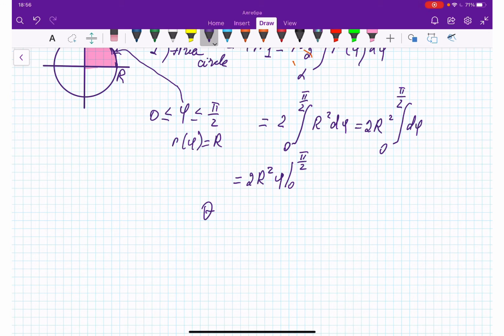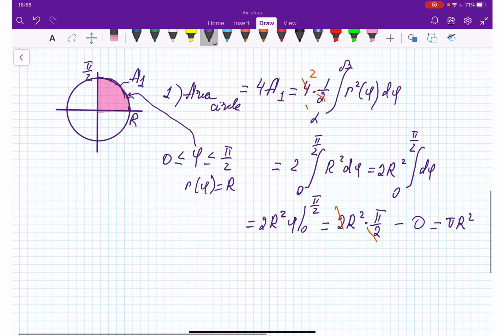This is going to be equal to 1/2 r squared times pi over 2, minus the value at 0, right? Once I plug phi as 0, the whole thing is going to be gone, and the 2 is gone, and we have pi r squared.